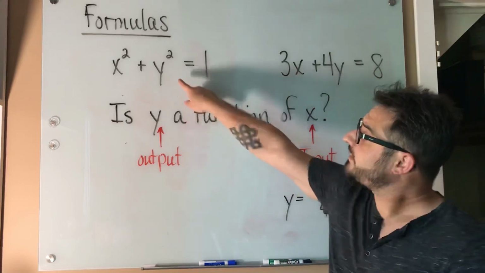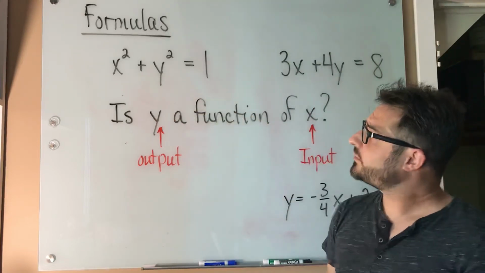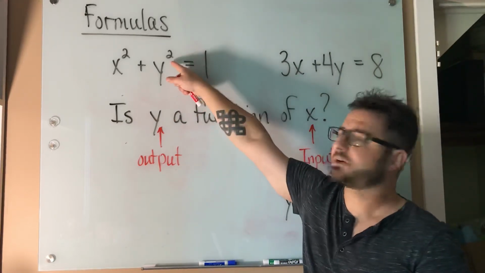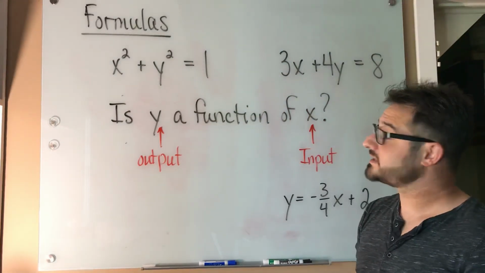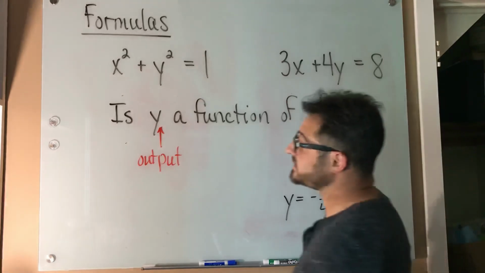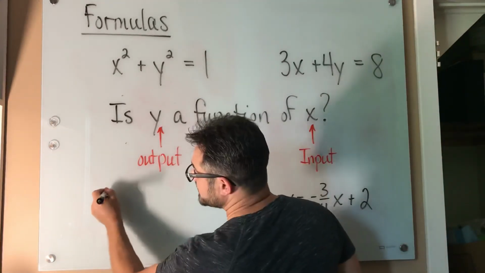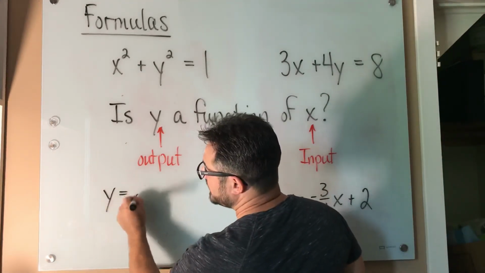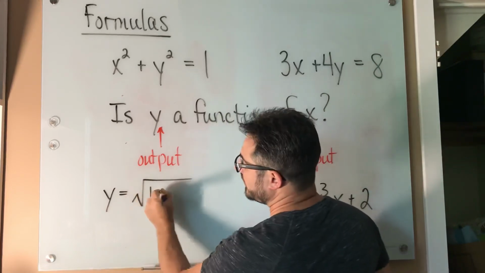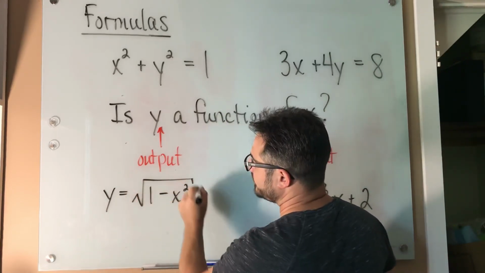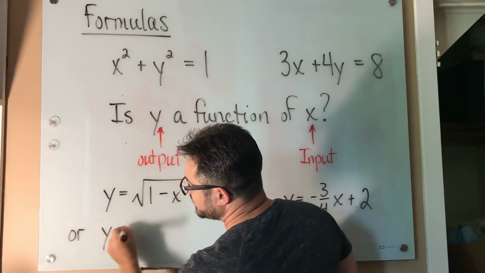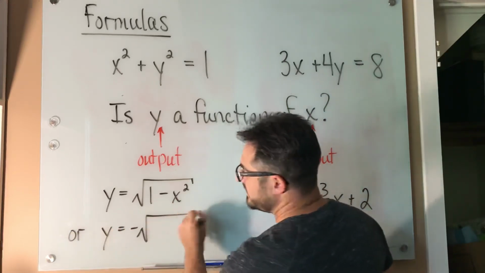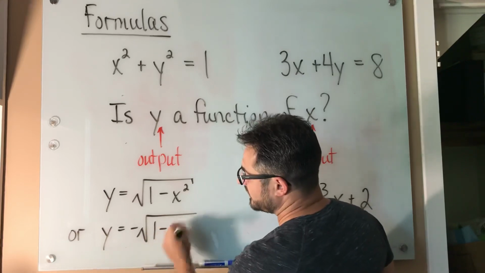but in order to get y by itself, we would eventually need to use a square root to undo the square. And if you remember solving quadratic equations, this results in a plus or a minus. So what we actually get from this is y equals the square root of 1 minus x squared, or y equals negative the square root of 1 minus x squared.